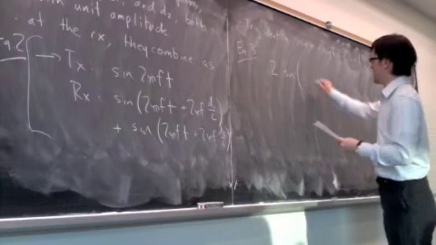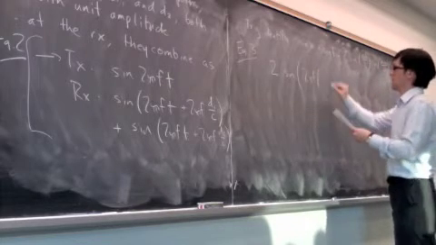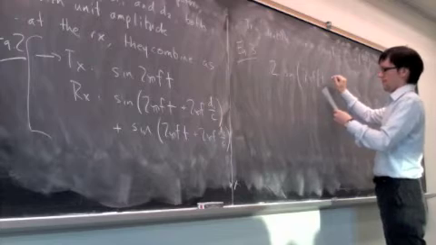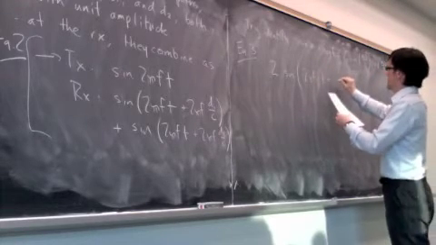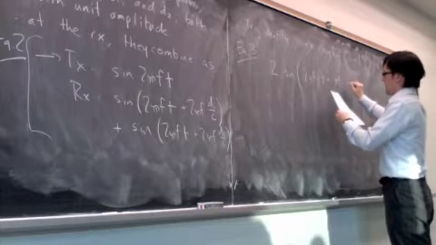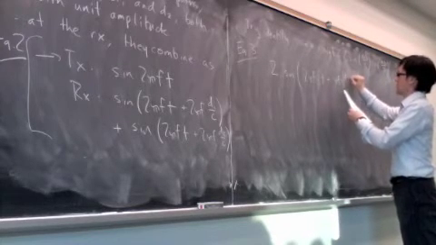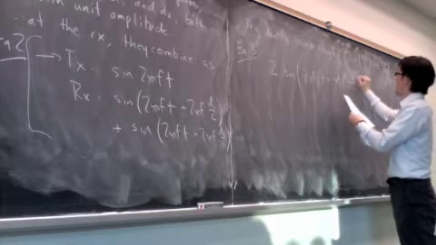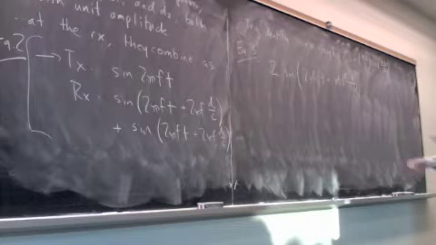So I'm going to write it as 2 pi f t plus pi f d1 plus d2 over c, times cos.